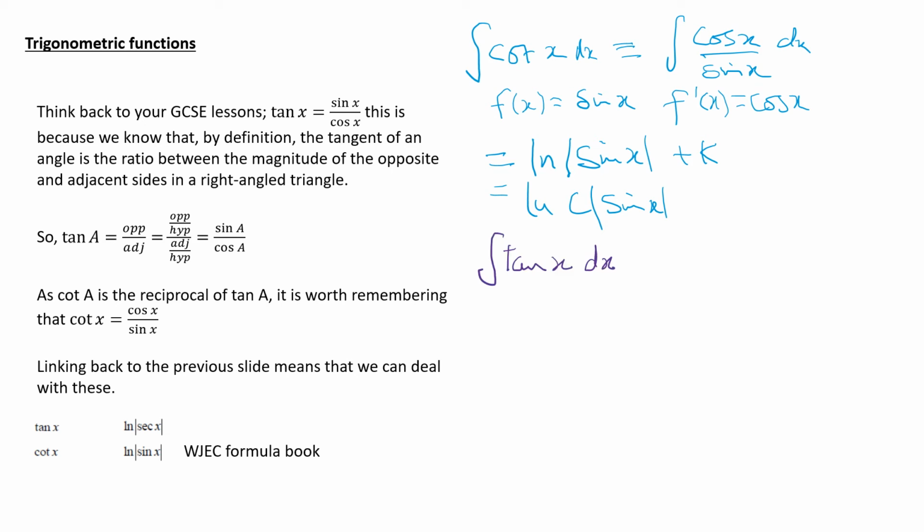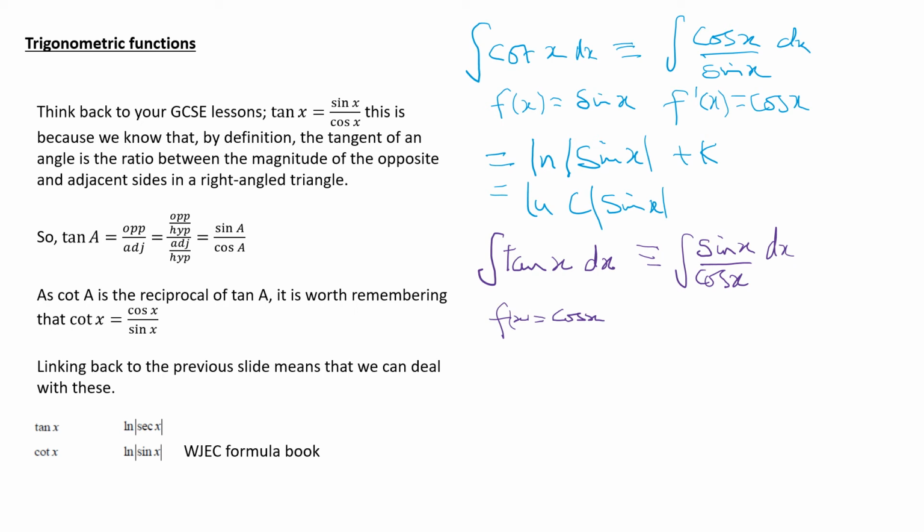straightforward, easy peasy. If I now consider, my apologies, the integral of tan x with respect to x, by the same way as I went before, this is exactly the same as the integral of sine x over cos x with respect to x. My f of x is equal to cos x.